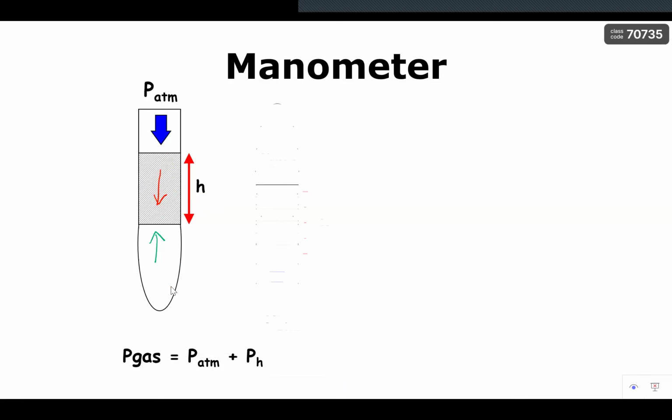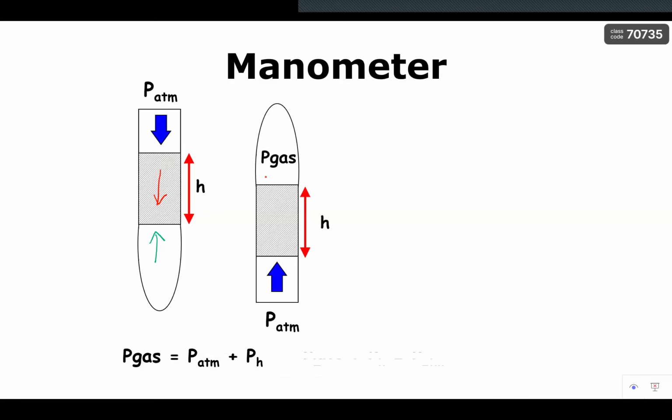Next, what happens if I have a tube being inverted? In this case, you should understand that this drop of liquid will be acting downwards because gravity is pulling it down. The gas trapped inside will also be acting downwards, pushing this liquid.